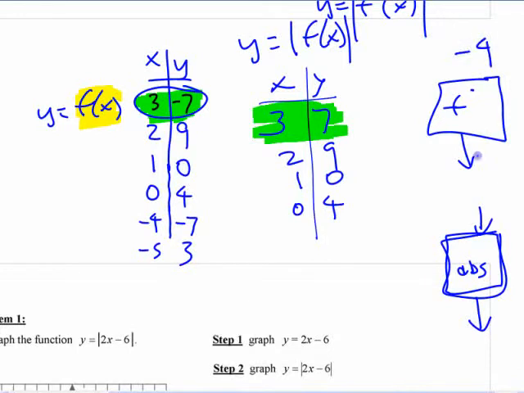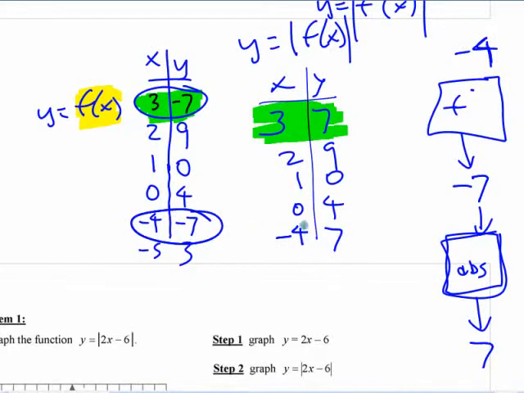Here's a negative 4. You're still putting that in. What does this f turn it into? It turns it into a negative 7. And then eventually turns it into a 7. What point is on y equals f of x? What point corresponds to this on absolute value of f of x? Negative 4 and 7.